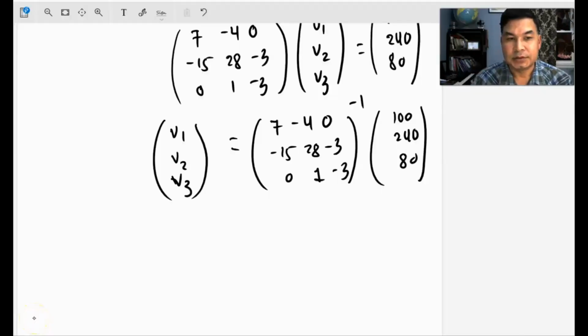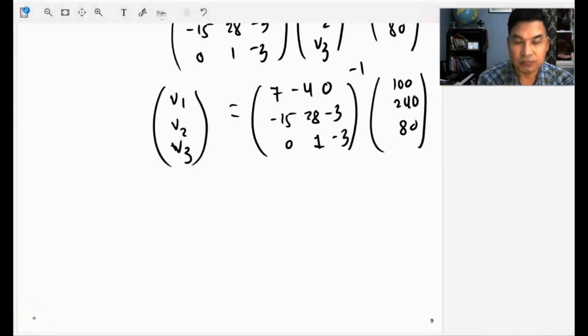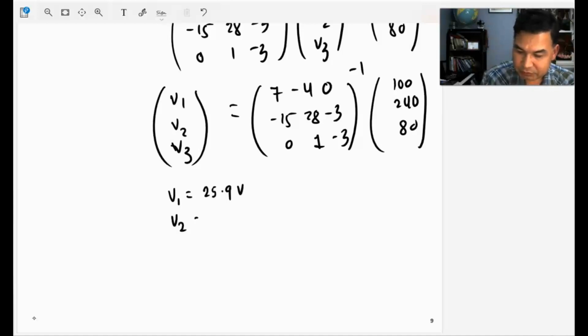All right. So now we already know all these unknown variables, and these are the results. V1 was 25.9 volts. V2 is 20.3, rounded to 3 significant places.